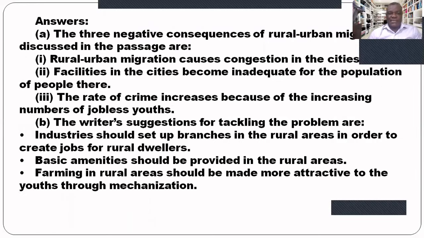Then let's look at the answers, how they should be presented, because presentation of your answers is very important. Some candidates may have an idea of what the answer could be, but then they fail in presenting it in the right manner.